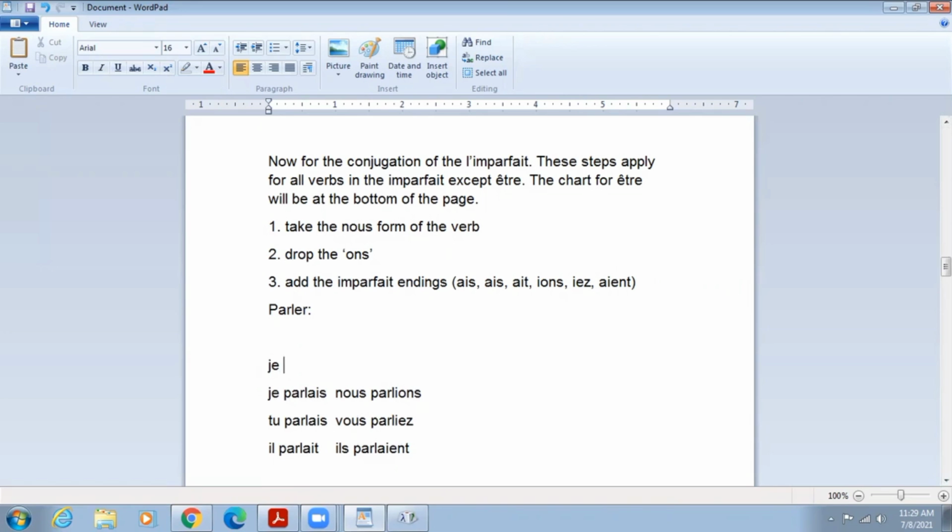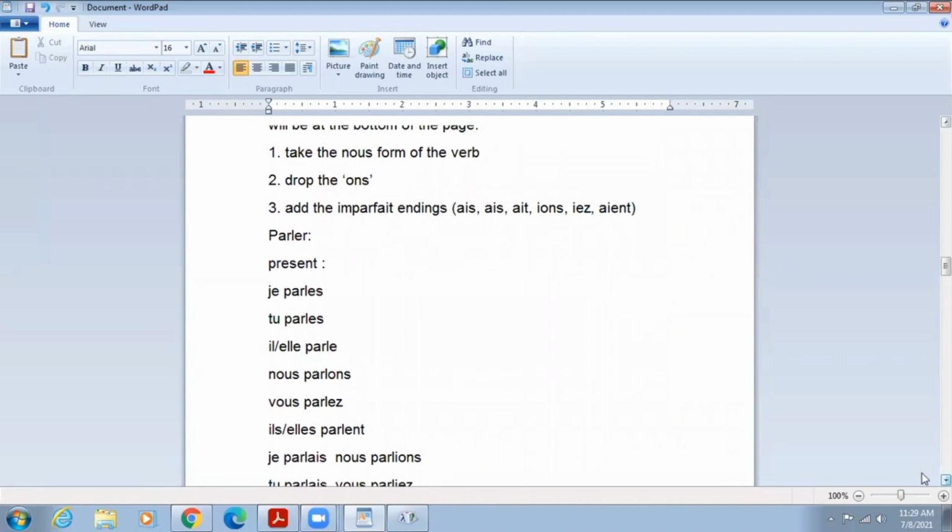First of all, let me write the present form, then you will understand. As I said, you have to drop the -ons from the nous form. Forget about the conjugation with other subject pronouns. For the imperfect, focus on the present conjugation with nous. Kick out -ons from that and add the imperfect endings, which are -ais, -ais, -ait, -ions, -iez, -aient.